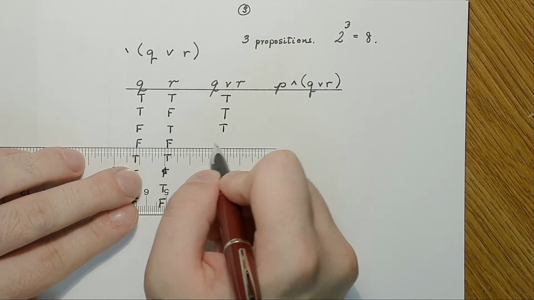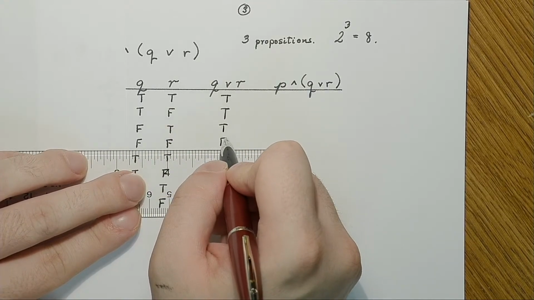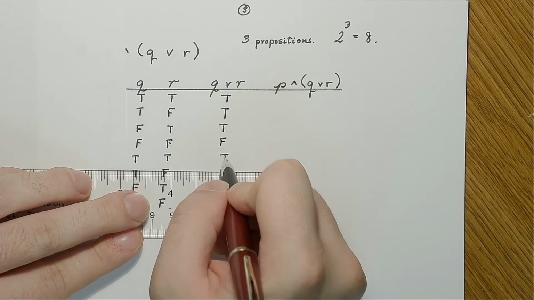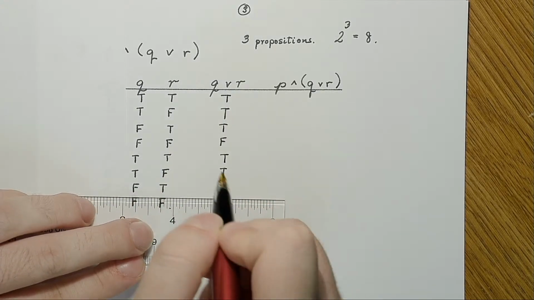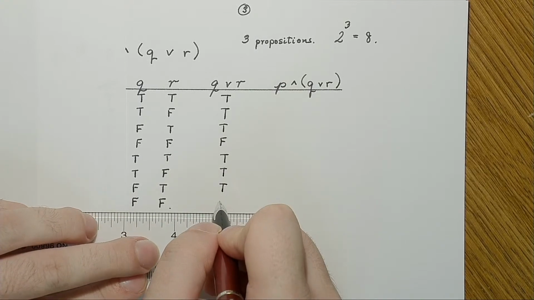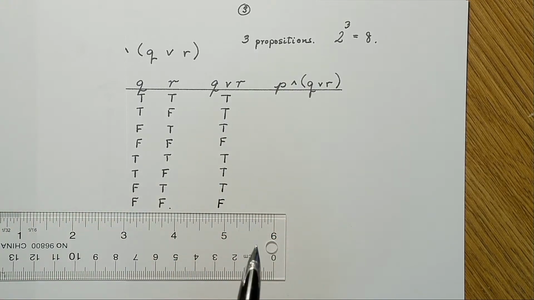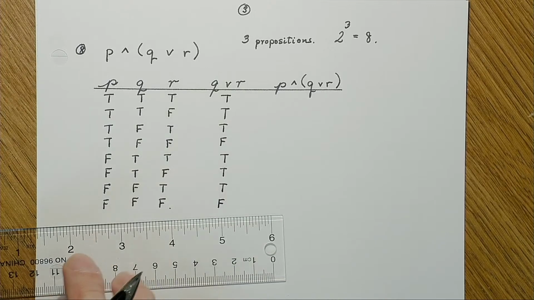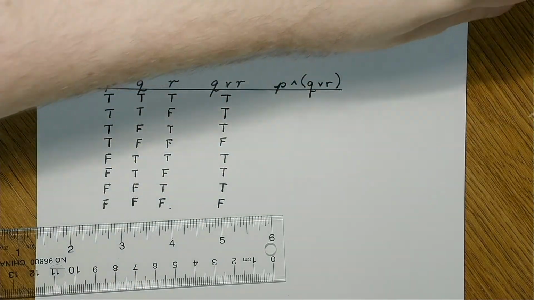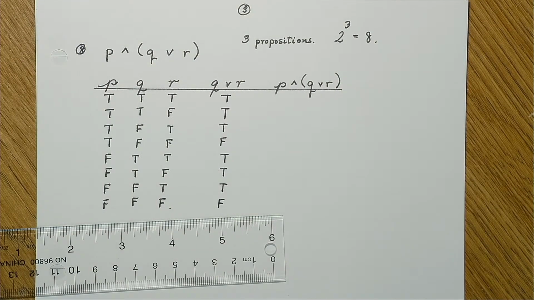There's at least one. Nope. So this is false. True, true, true, and lastly false. Okay. What I should have done is have some cards so I can cover up stuff. Here, let me cover up.